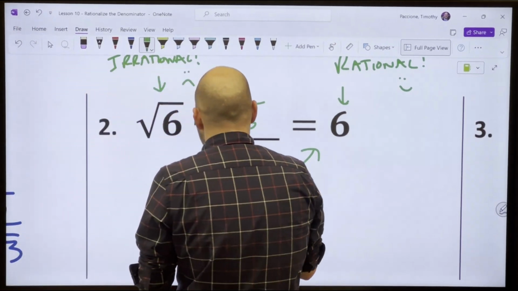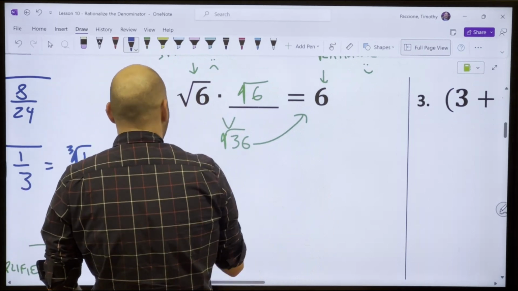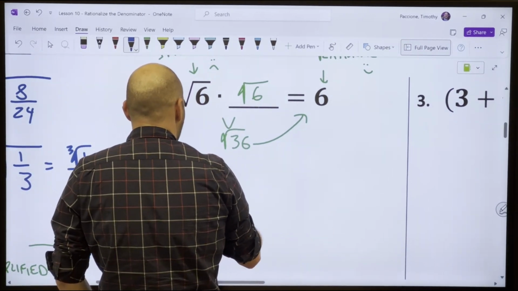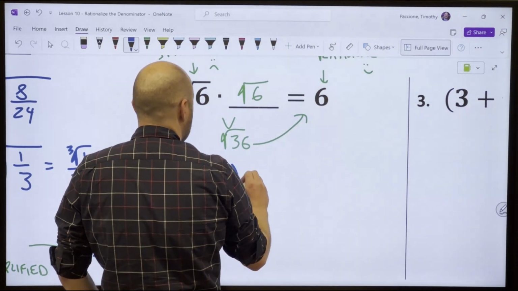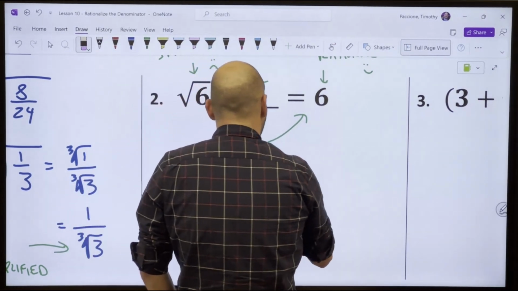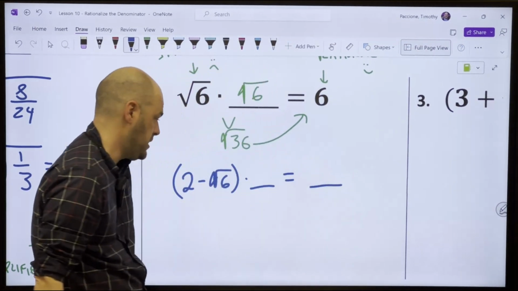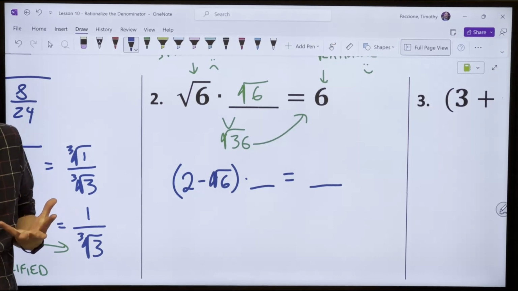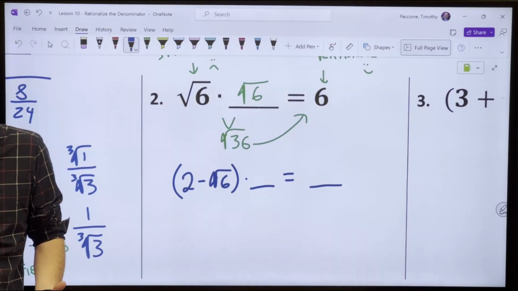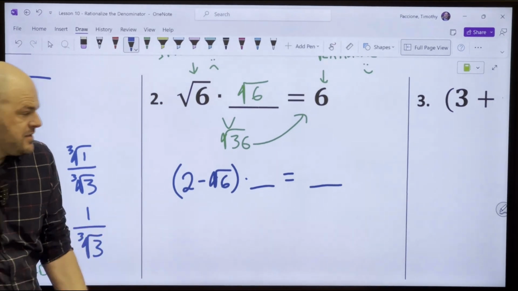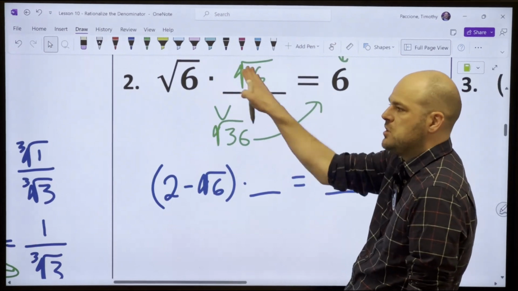Here's the problem, though. What if I had 2 minus square root of 6, and I wanted to multiply that by something to get it to be a rational situation? Well, if I just multiply it by square root of 6, all I had to do before was multiply by itself.